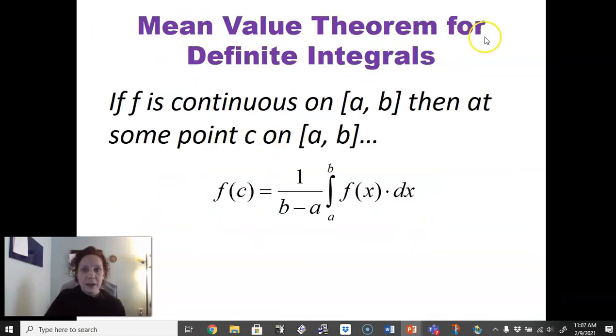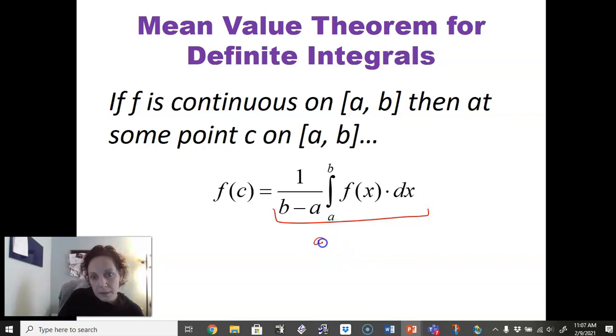So it says the mean value theorem for definite integrals. So as long as f is continuous on a closed interval, then at some point on that interval, the function is going to exactly match its average value. So this is the average value of y. That's my average y value.